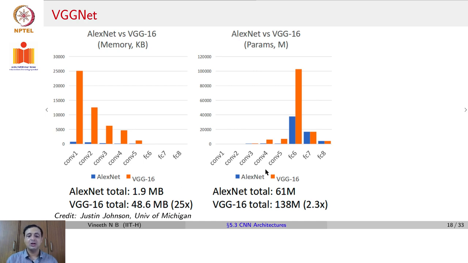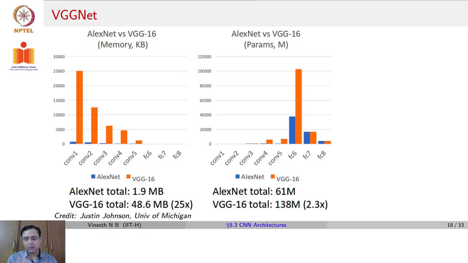In terms of parameters, while the first few convolution layers are reasonably small for AlexNet and VGG, in the fully connected layers, VGG has a significant increase in parameters. And while AlexNet had a total of about 60 to 61 million parameters, VGG16 ended up having about 138 million parameters. So while VGG works well in many settings, that is a limitation of VGG because of its increased parameter count and memory.